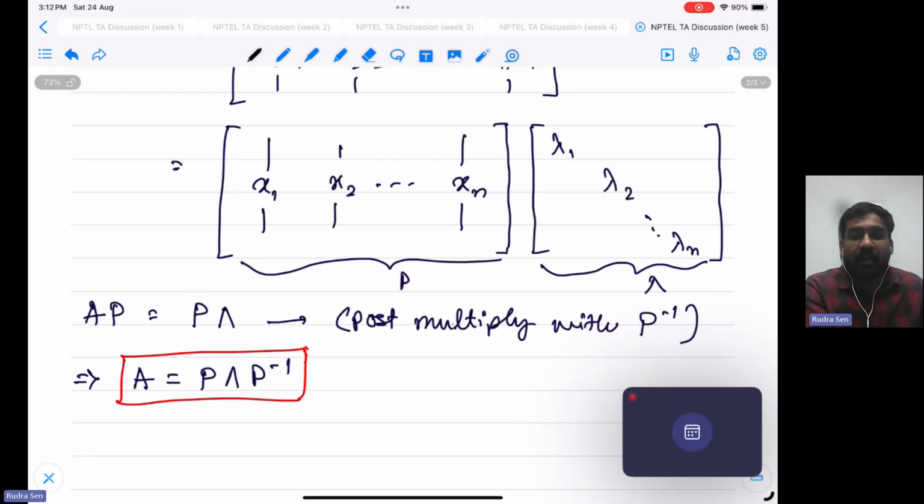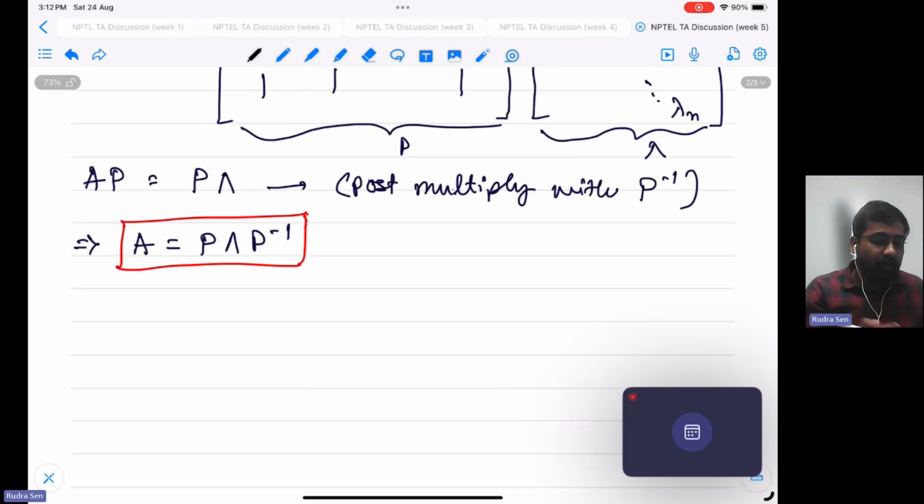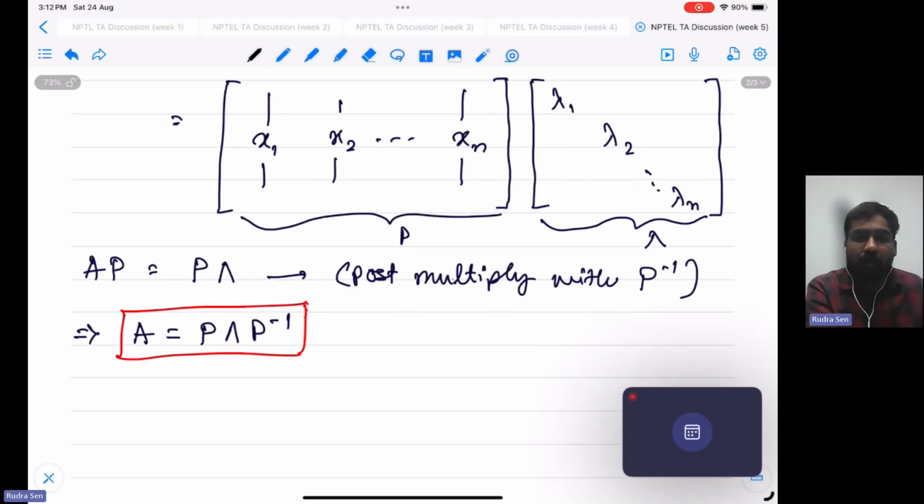So for a repetitive eigenvalue, let's say lambda one is repeated twice, and for lambda one we get two different distinct eigenvectors, then we can definitely construct P, because we have distinct eigenvectors for the same repeated eigenvalue.